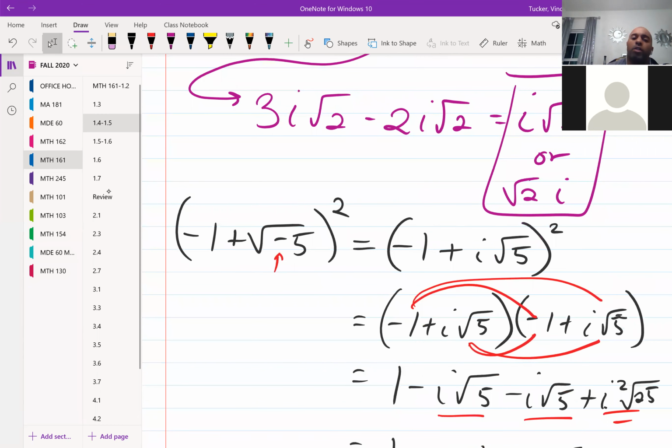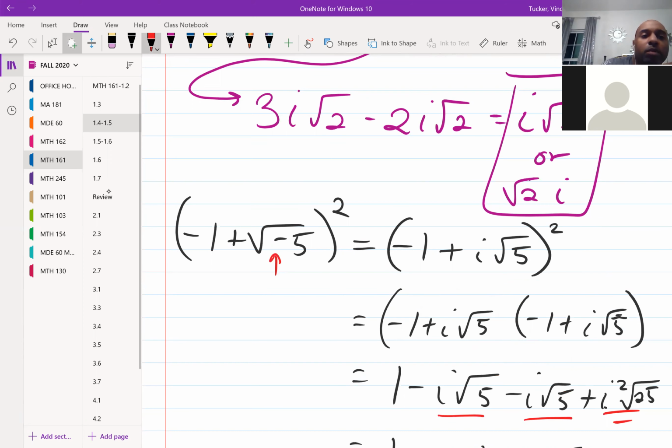All right. So here we have negative 1 plus the square root of negative 5, squared. So first thing I did was to recognize I have the square root of negative 5, so I pulled that out. And so got that i sitting on the outside of my square root of 5.